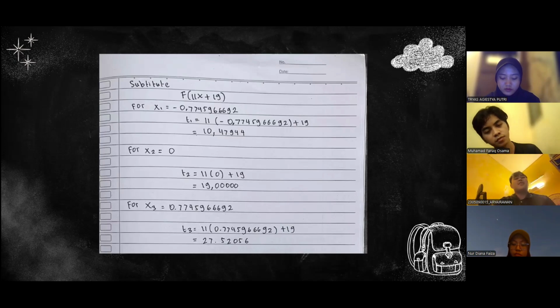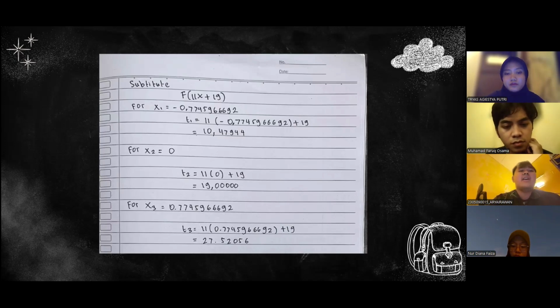For x2, it's 0, so t2 is 11 times 0 plus 19, and the result is 19. And for x3, we have 0.7745966692, so we substitute to the formula. The result is 27.5205. So we have t1, t2, and t3.